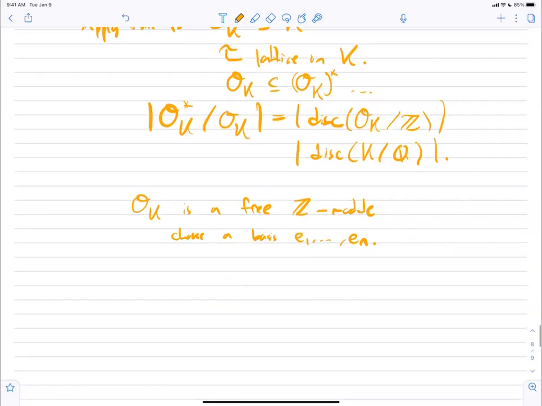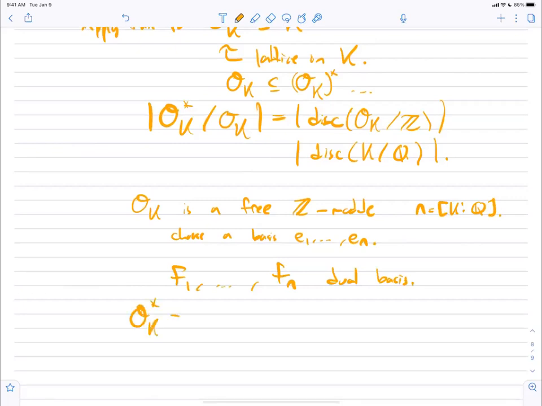So I'm using that I now know OK is a free Z module of rank equal to the degree of K over Q. So N is equal to the degree of K over Q. So I have this free Z module, I have this basis, and then I take the dual basis. OK dual is just going to be this lattice I looked at before, the Z-span of F1 through Fn.